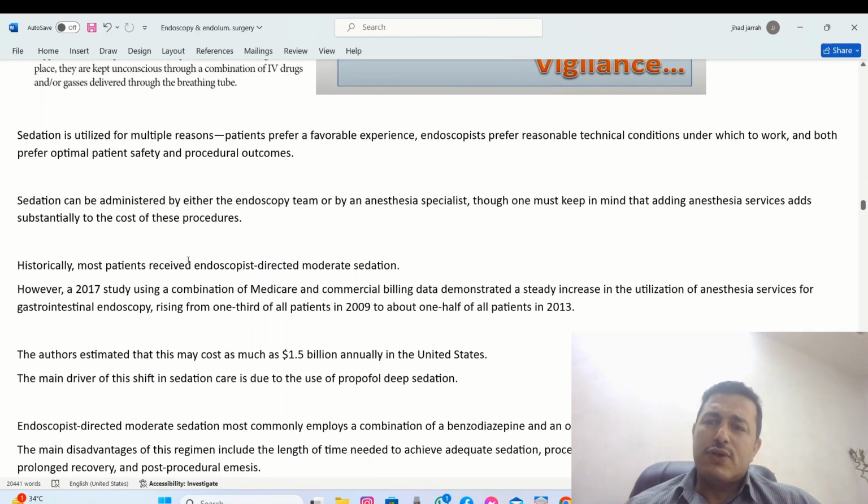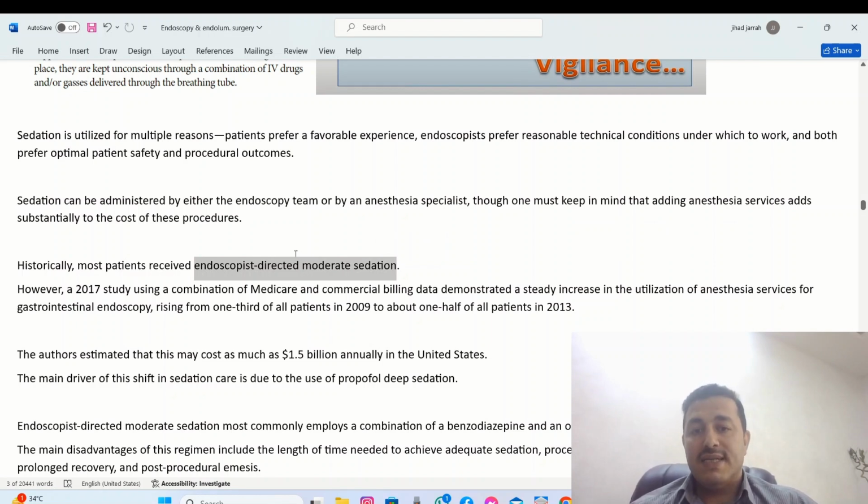Okay, the most commonly used is what we call the endoscopist directed moderate anesthesia, in which we use, as we said, benzodiazepine and opiate.